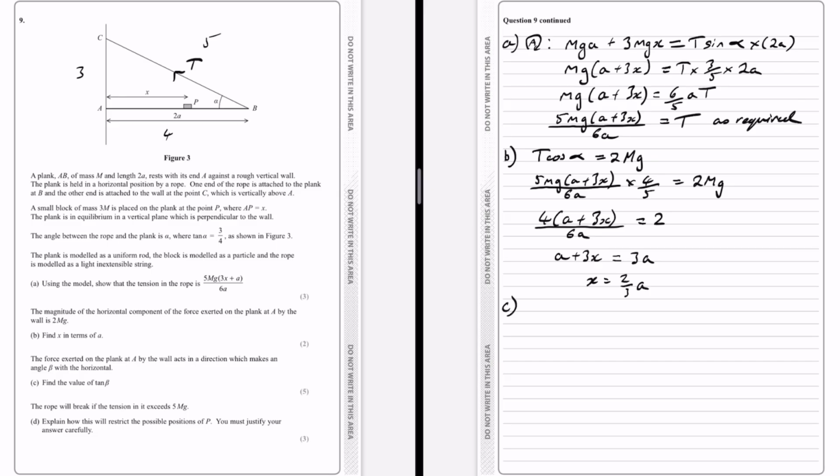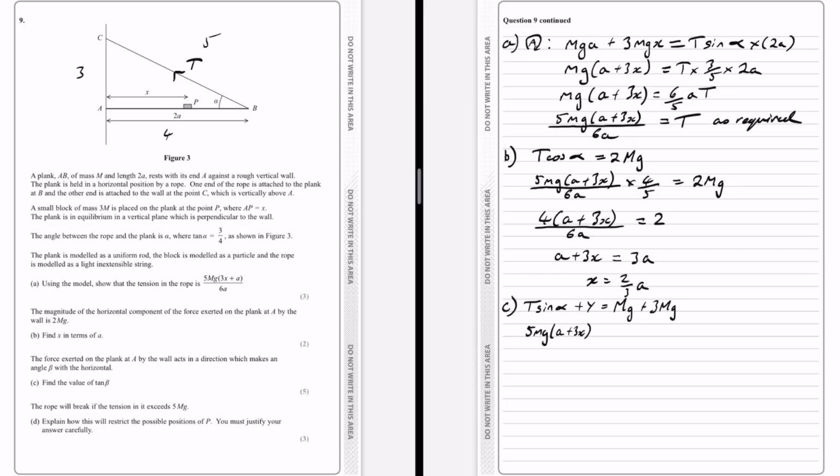Part C, we're going to resolve in the vertical direction. So forces acting upwards, we've got the component of the tension force acting upwards, that's T sine alpha, plus this normal reaction force at the point A, which I'm going to just call Y. That's going to be equal to the forces acting downwards, that's the weight of the plank and the weight of the block, mg and 3mg.